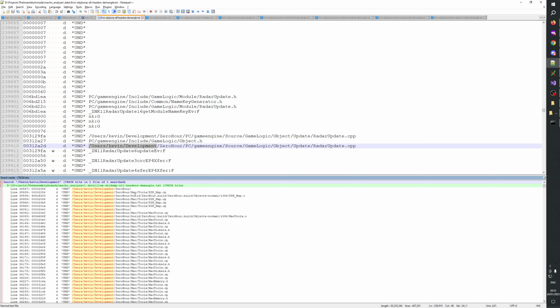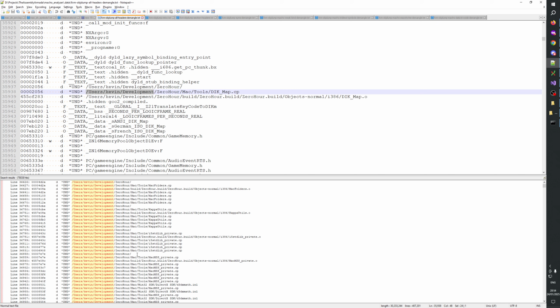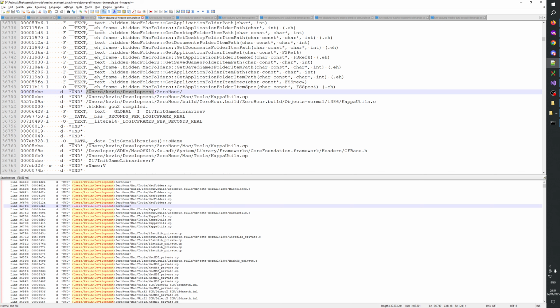Okay, so 0 hour is the top folder. And then there's a Mac tools build. Okay, so the top folder is 0 hour. And there's also something hidden in 0 hour.